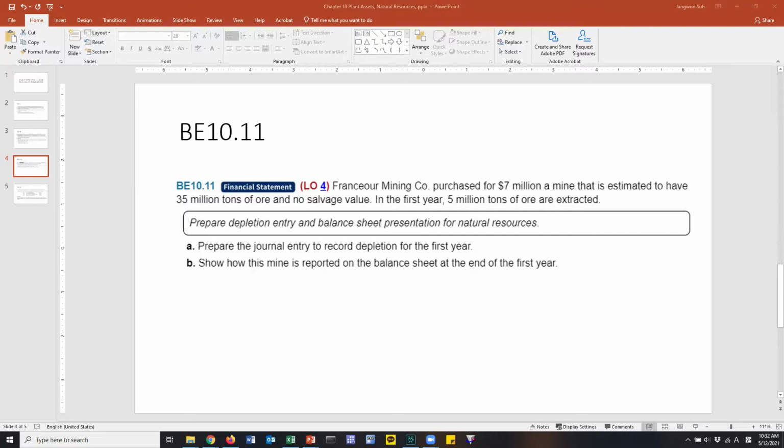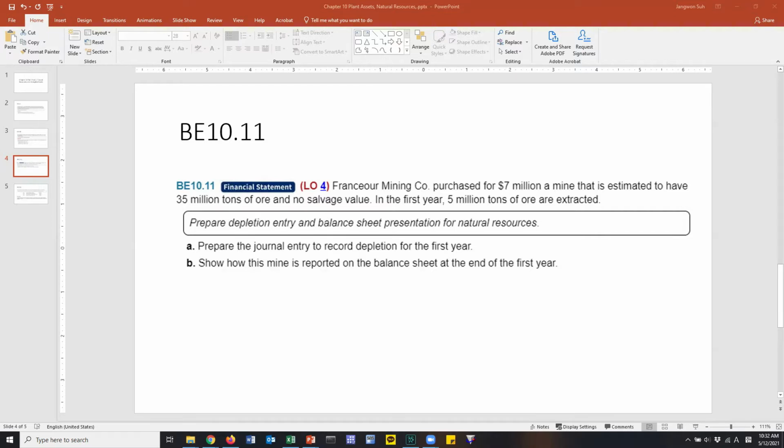The major difference is the terminology. For tangible assets like equipment, we depreciate. But for natural resources, we say it depletes, or depletion. Okay, that is one thing.